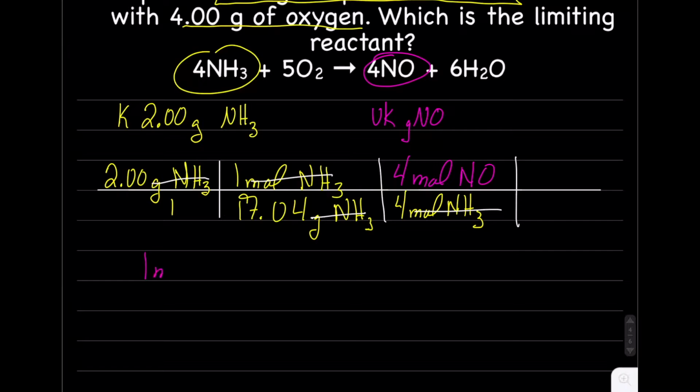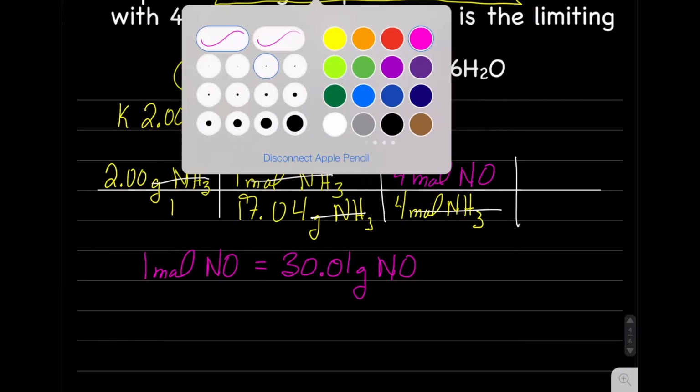So 1 mole of our unknown is NO, and the molar mass of the unknown is the mass of N, 14.01 grams, added to the mass of oxygen, which is 16.00 grams, giving us a mass of 30.01 grams of NO.